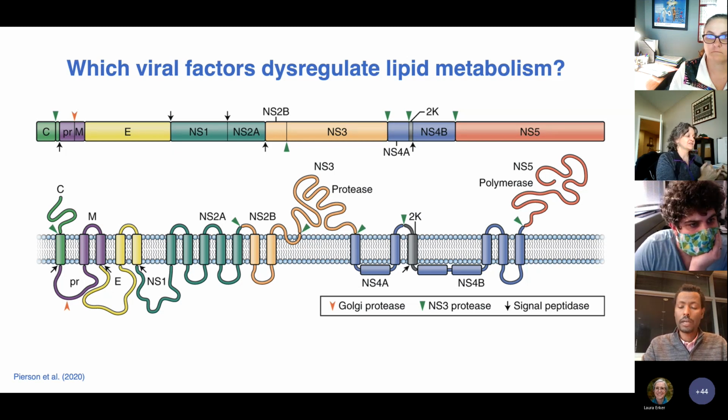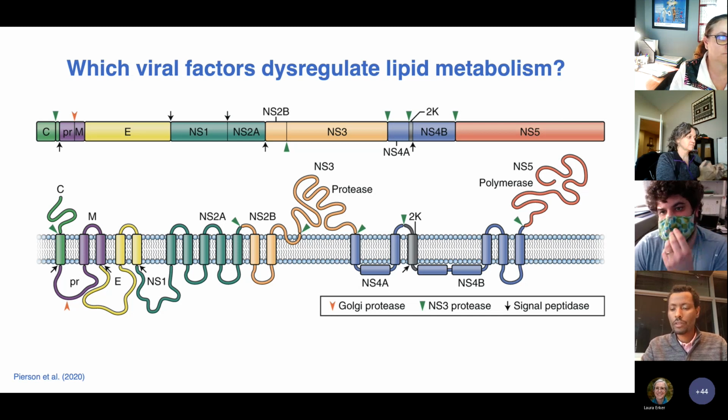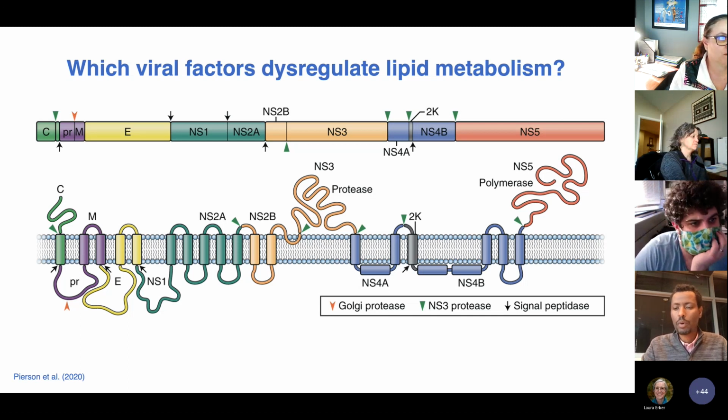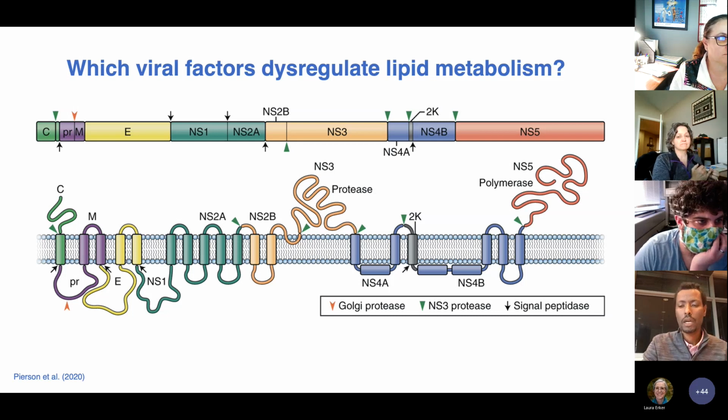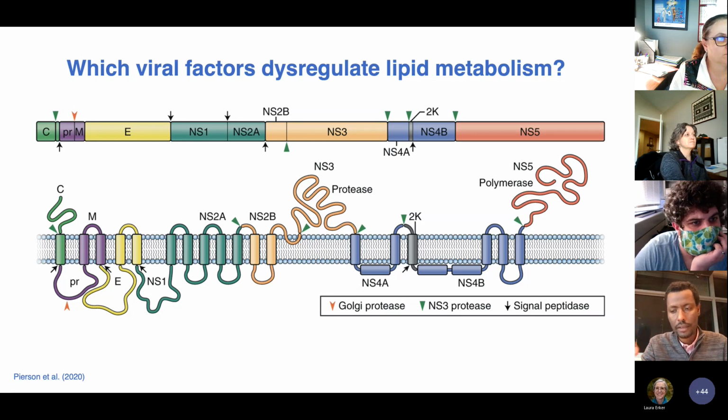For example, triglycerides decreased and diacylglycerides increased, which is consistent with previous reports that show dengue virus infection remodels the neutral lipids, especially the triglycerides and the diacylglycerides.